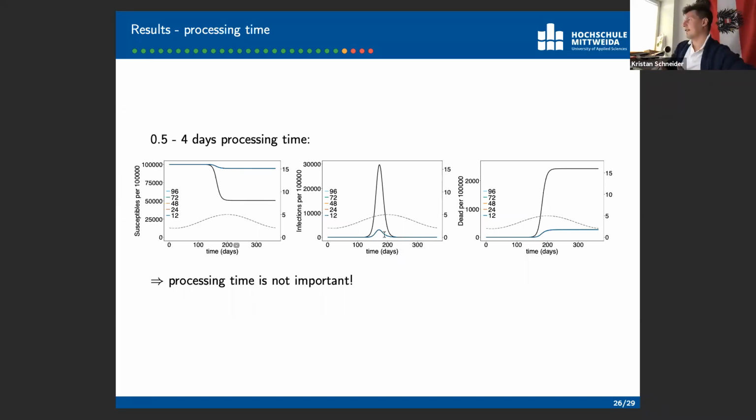The processing time does not really impact the outcome at all. It doesn't matter if you need just 12 hours or 96 hours to process a test. You get more or less the same effect. So you don't need to be super fast. Okay, so it is not important.